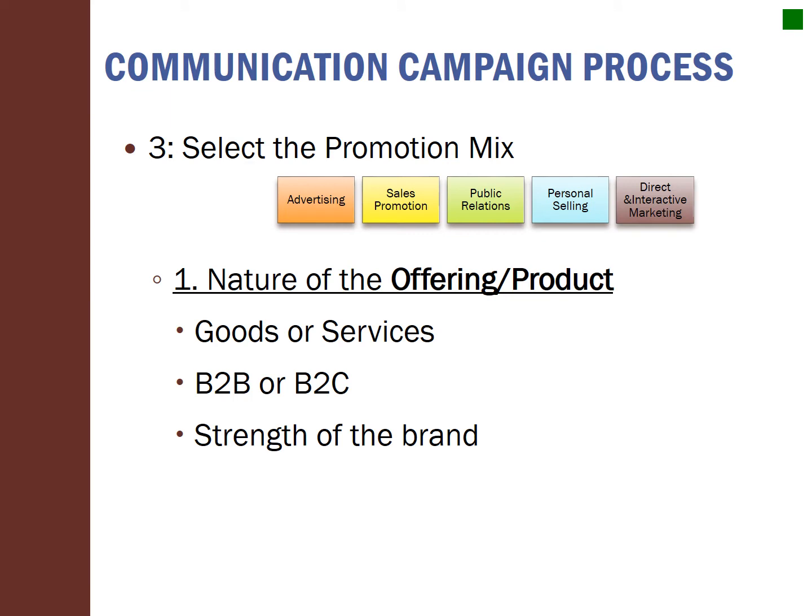There's a number of things that can lend themselves to making this decision. The type of product that you offer may lend itself better to one of these five, or a mixture of these five elements when we choose the promotional mix, and the percentage of money and effort we're going to put behind each of these five areas.